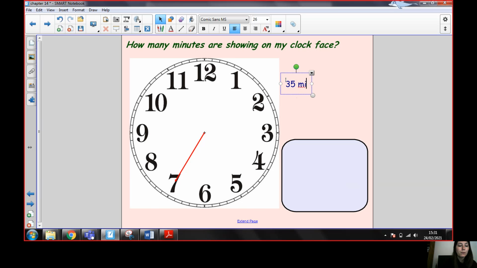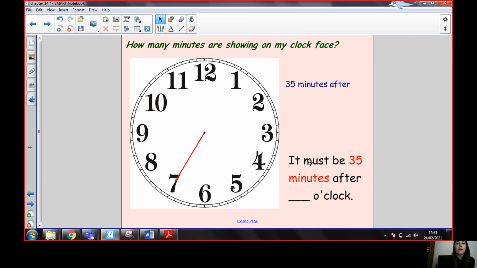The 7 must represent 35 minutes after. Let's see if we were right. Yes, it must be 35 minutes after something o'clock. We don't know what o'clock it is yet because we haven't got our hour hand. Remember, we're practicing reading the number of minutes today.